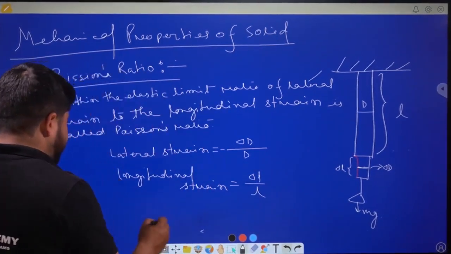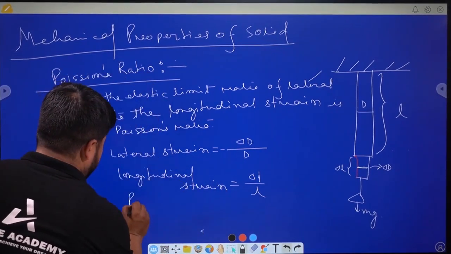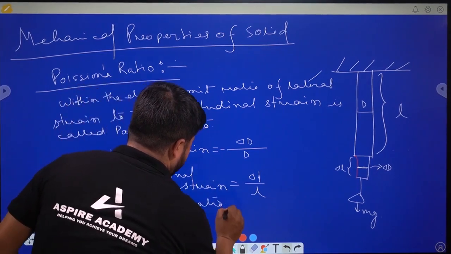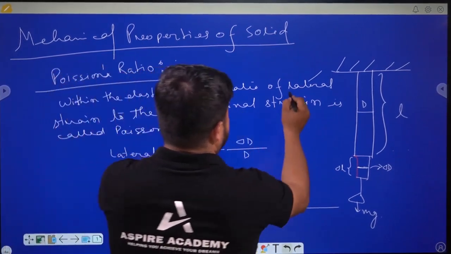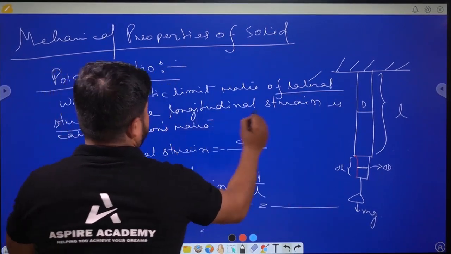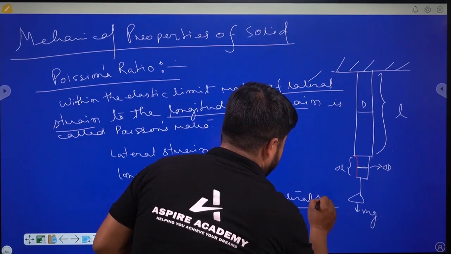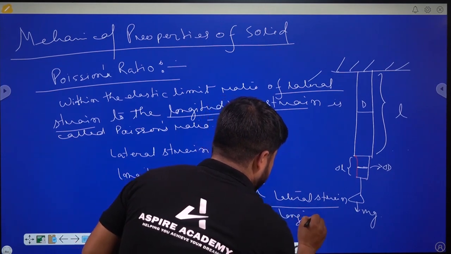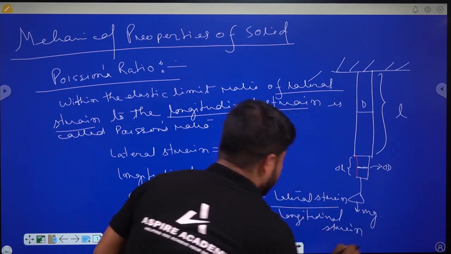After that, what is Poisson's ratio? Poisson's ratio we denote by sigma. Sigma is lateral strain divided by longitudinal strain.